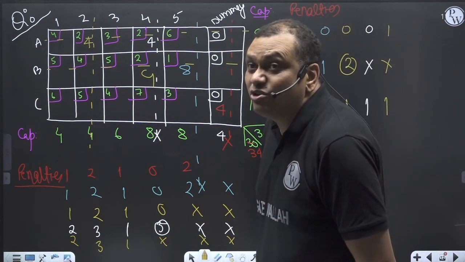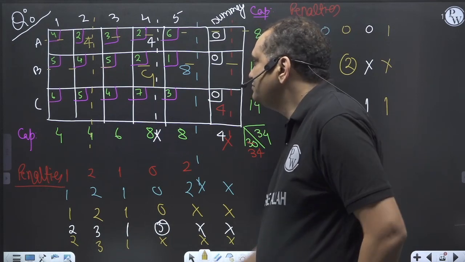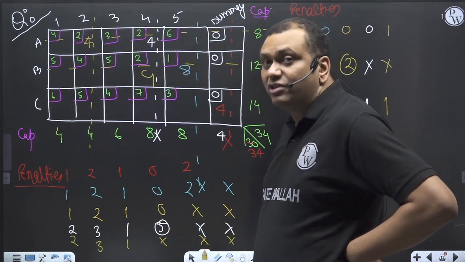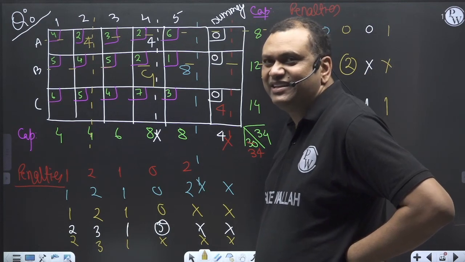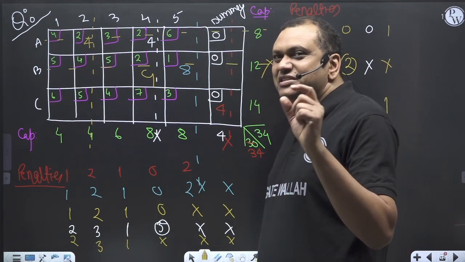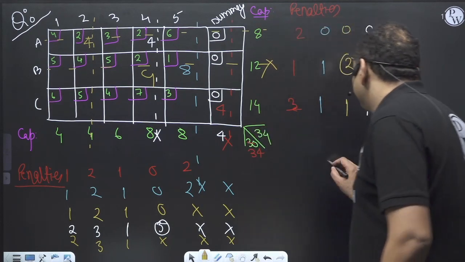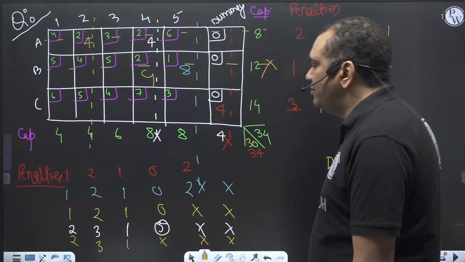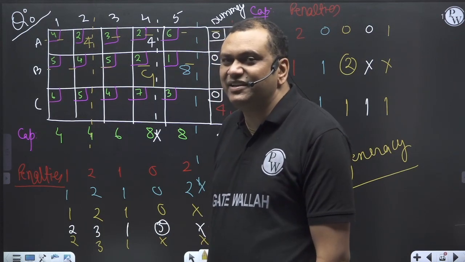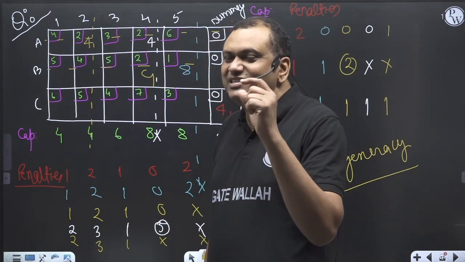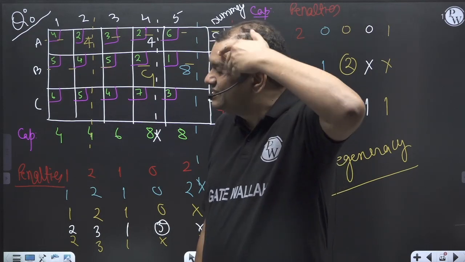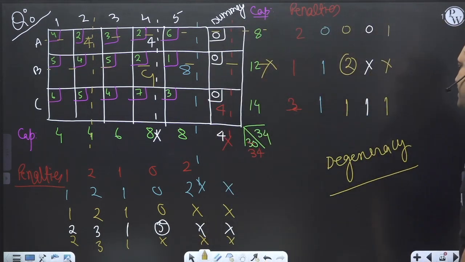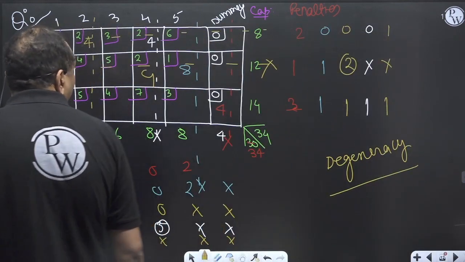While allocating, if it so happens that both column and rows are satisfied simultaneously, it means that degeneracy is introduced into the system. How to handle degeneracy, I will talk to you later, okay na? Degeneracy is introduced into the system because both columns and rows are satisfied.